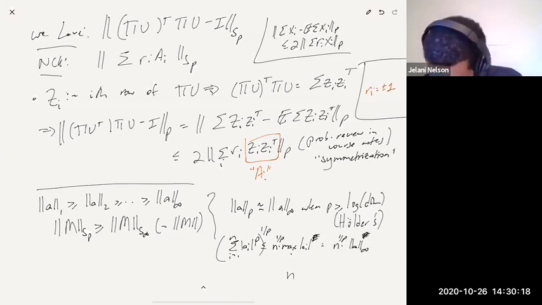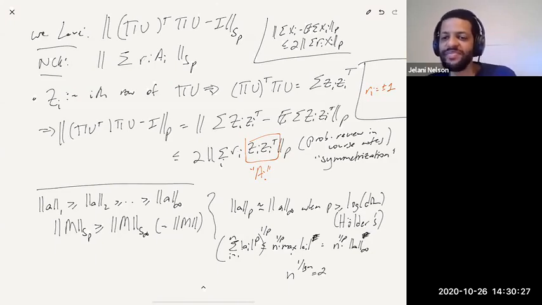And of course, n to the 1 over log n is also known as 2. If you don't believe me, just take the logarithm of both sides. The logarithm of 2 is 1. The logarithm of n to the 1 over log n is 1 over log n times log n, which is 1. So that means they both have the same logarithm, right? So that implies that basically when p is log n, the p norm and the infinity norm are the same thing up to a factor of 2.